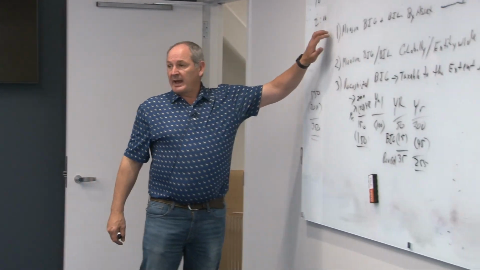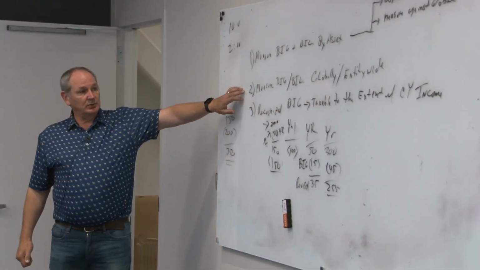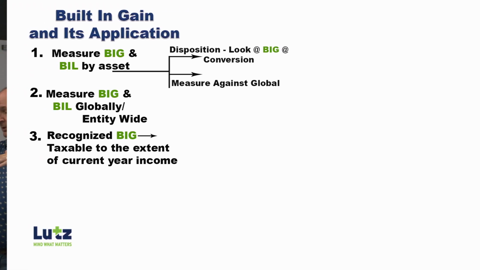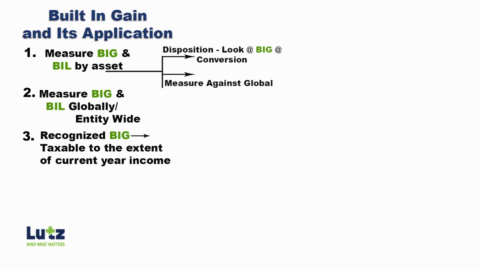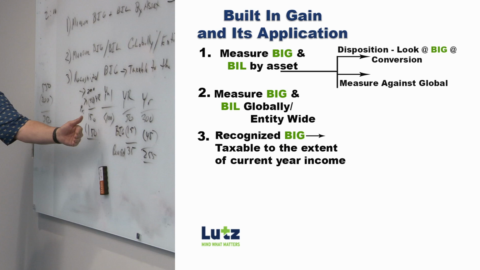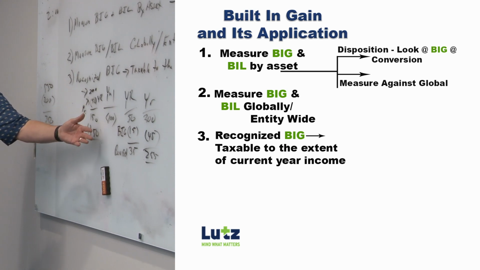So again, one is measure it asset by asset. Two, measure it globally, because if the global amount is less than the asset by asset amount due to built-in losses, then you've got a cap. Three is when you actually recognize it, you have to measure how much income you have, and do you have a limitation in that year due to it being a loss?